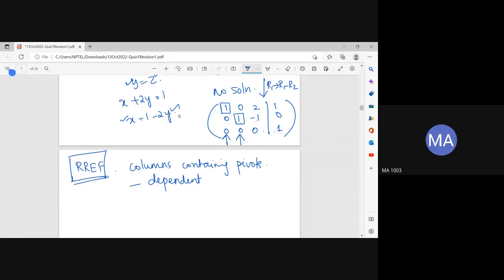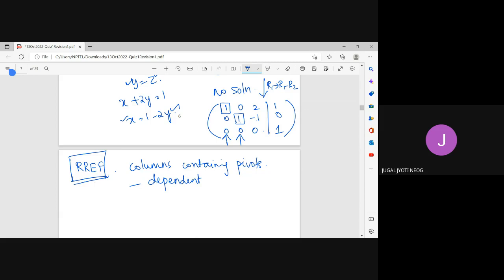Independent variables means we are allowed to choose any value for it. Each one chooses a different value, so we get infinitely many solutions. But here that entry should be 0 instead of 1, in the last row. Then it will be infinitely many solutions. In this case, no solution.